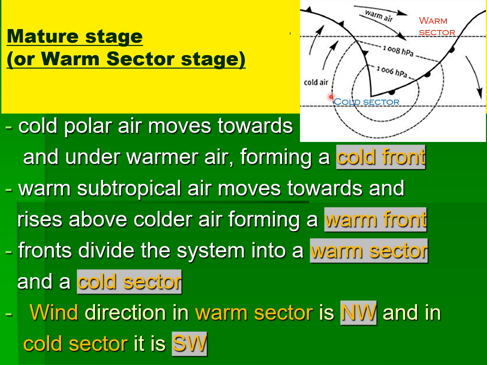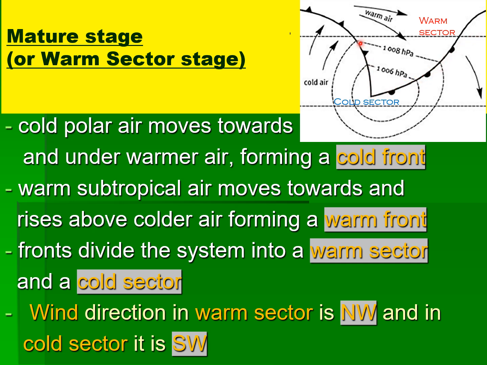The cold air starts pushing towards where the warm air used to be, and that then creates what is called a cold front. The warmer air from the subtropics starts pushing into the area where the cold air used to be, creating what is called a warm front.